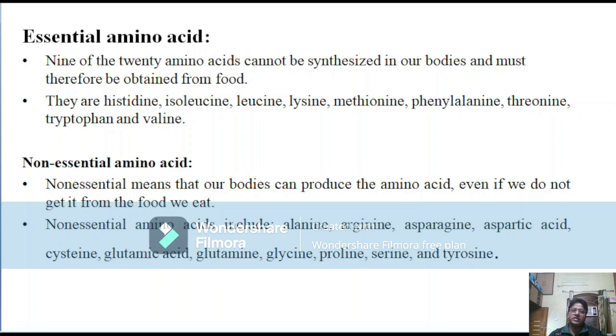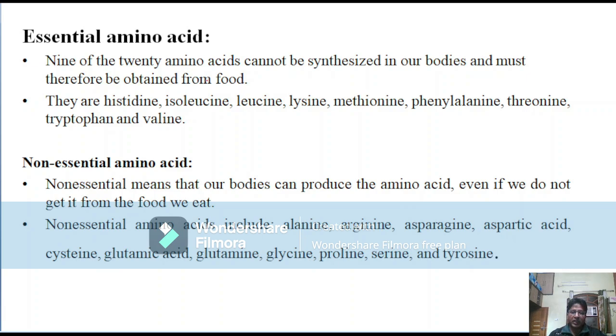So 9 of the 20 amino acids cannot be synthesized in our body, and we call them essential amino acids. We have to take them in the form of food from food sources.